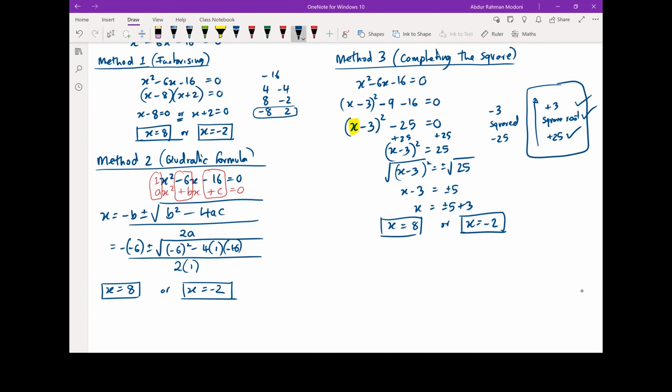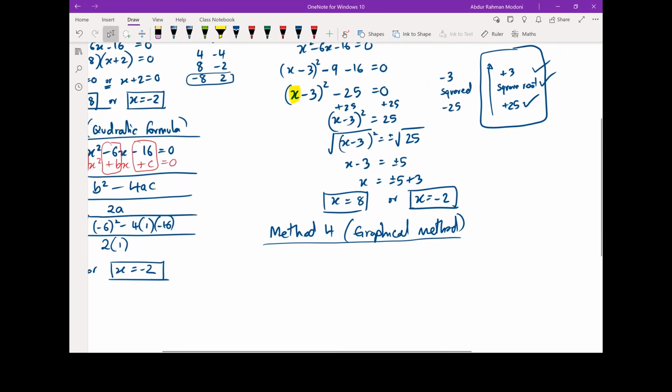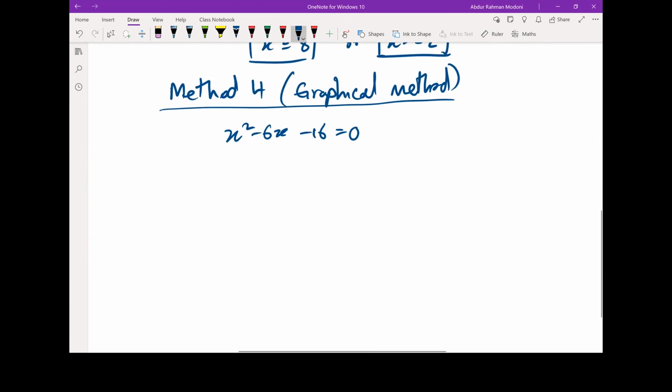And the final method that we're looking at is the graphical method. Start by writing the equation and how we actually plot this. Well, x squared minus 6x minus 16 equals to 0. How can we plot this on an xy axis?